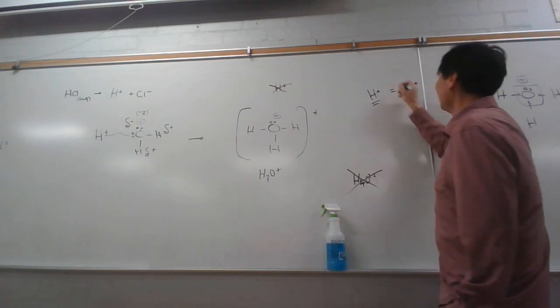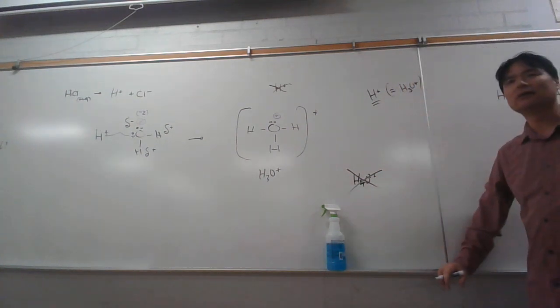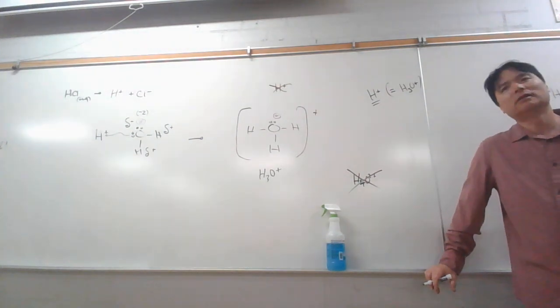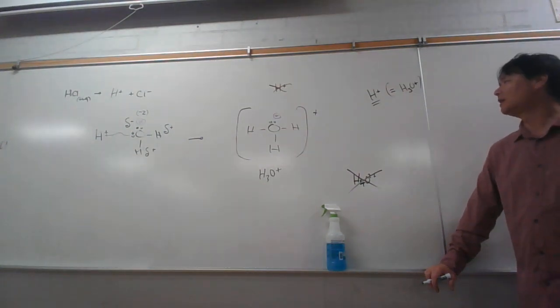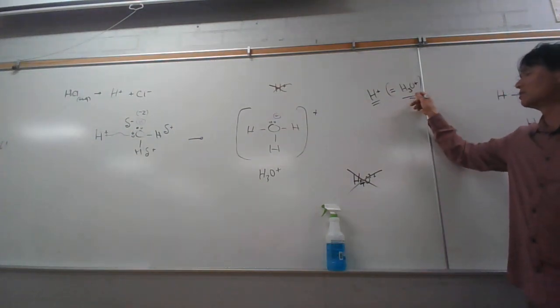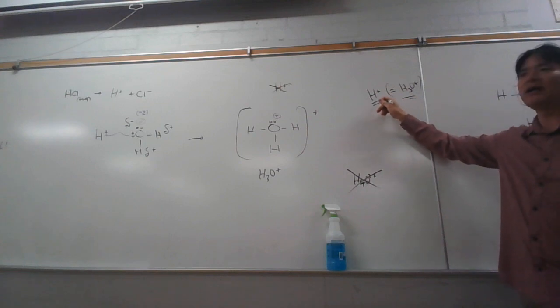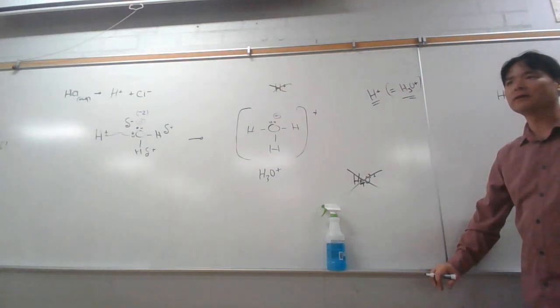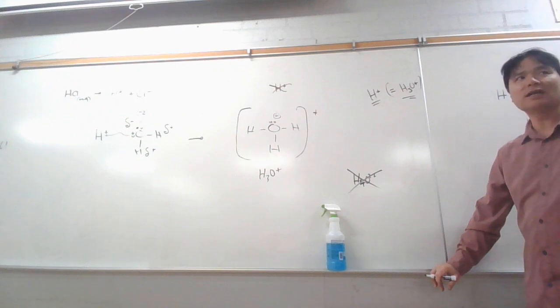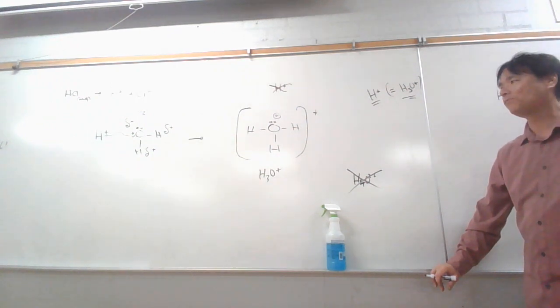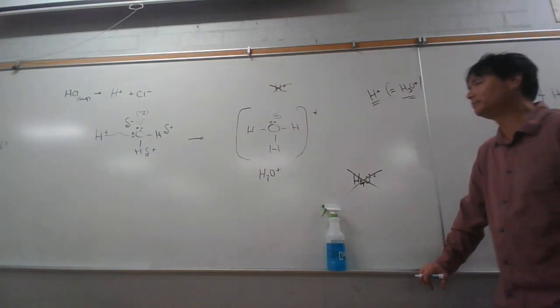I don't want to write H3O+ because it takes up more space. It's more hassle. In Chem 1B, I'll write H3O+ exclusively. In Chem 1A, I pretty much write H+ exclusively. But realize that H+ is not stable at all, and hydronium is stable.